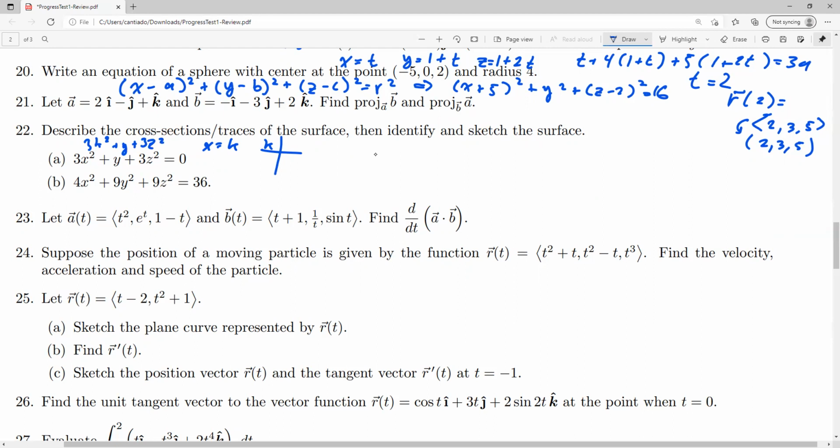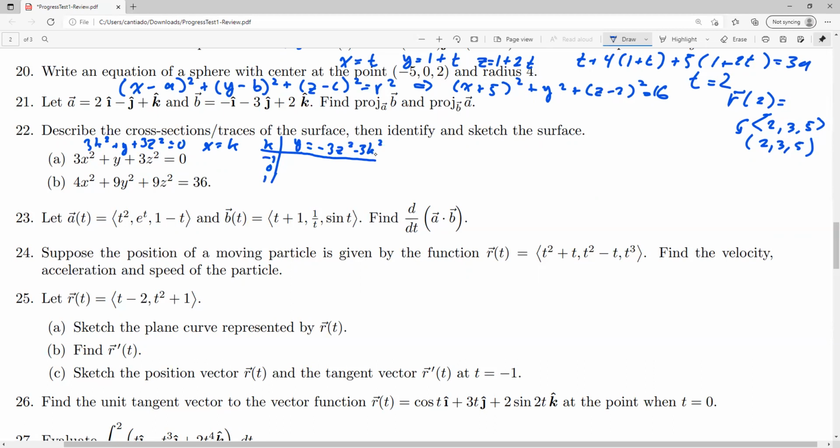Well, if we solve for y, we'd get y is equal to negative 3z squared minus 3k squared, right? So remember that we're treating k as a constant, some arbitrary constant. So let's say we can do -1, we can do 0, we can do 1, and so on and so forth.